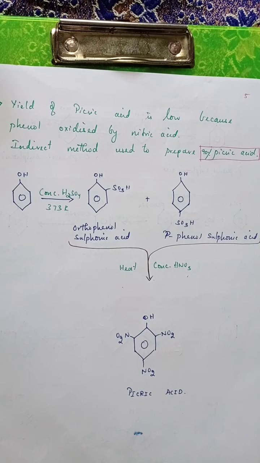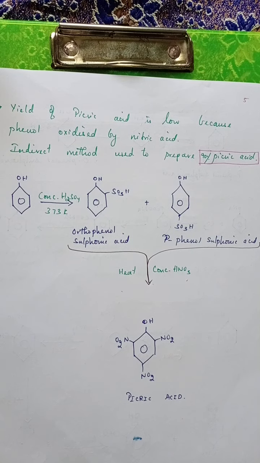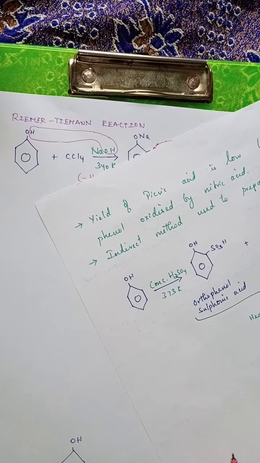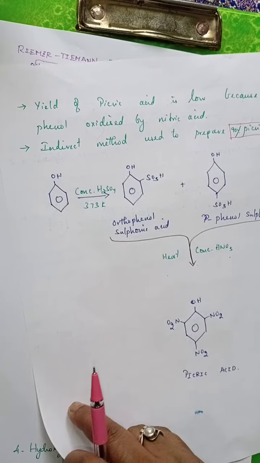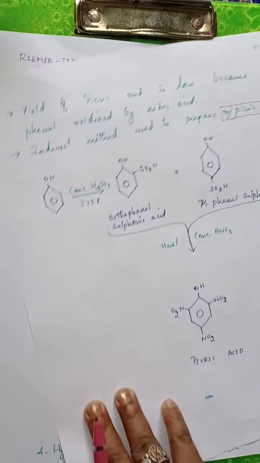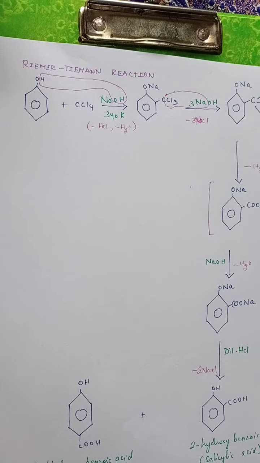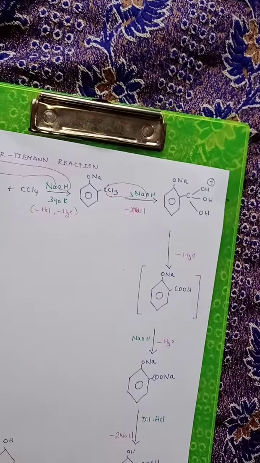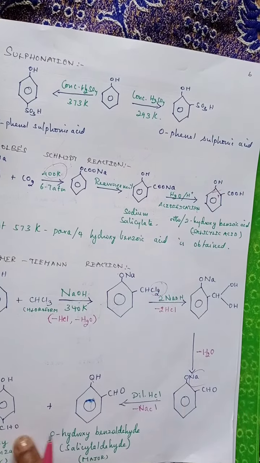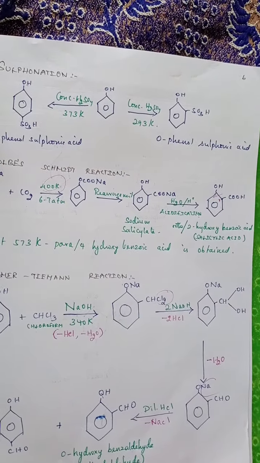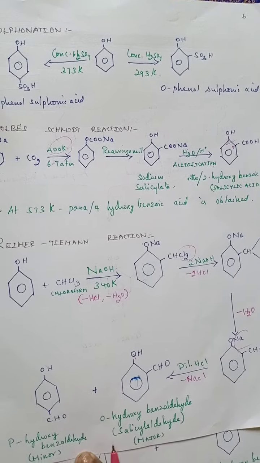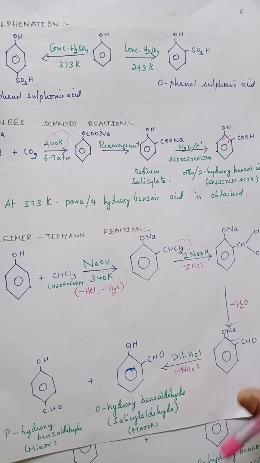One minute, children. Do you remember, children, we have seen this? Sorry, I think we have done picric acid, right? So we'll move on to the Reimer-Tiemann reaction. Again, we have seen this, right? So we will get para-hydroxybenzaldehyde and ortho-hydroxybenzaldehyde.